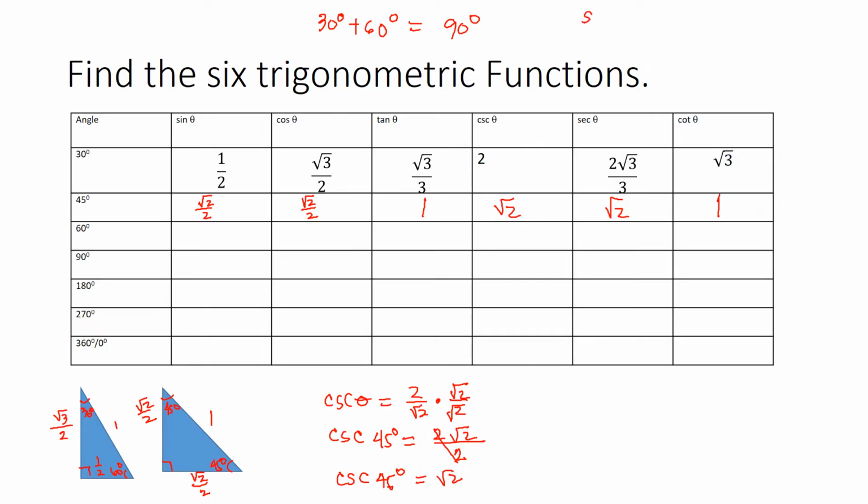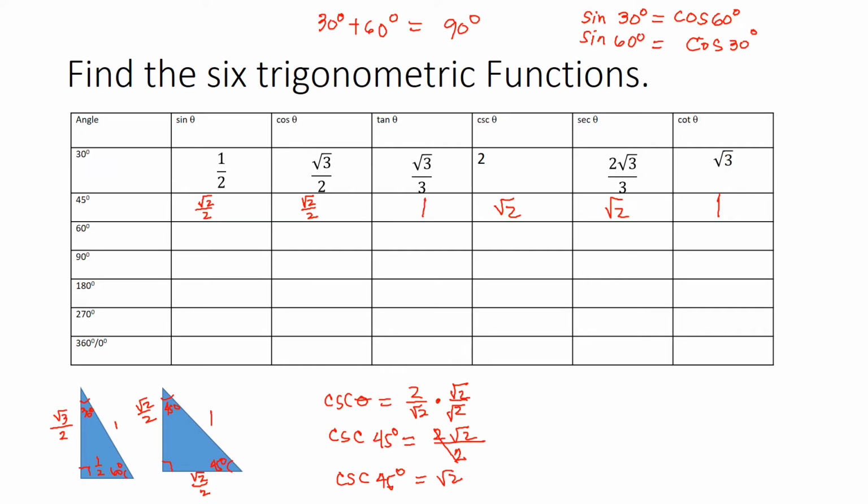We have the sine theta and the cosine theta. They are cofunctions if the angles sum up to 90 degrees. So if we have sine 30 degrees, this will be equivalent to the value of cosine 60 degrees. If we have sine 60 degrees, this will be equal to cosine 30 degrees.